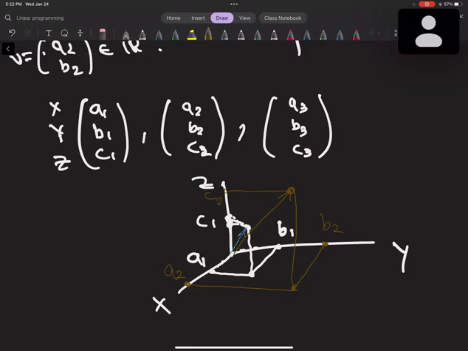So now you can add the two of those vectors in 3 dimensions. What do you do? The same thing. You make a parallelogram. And when you obtain it, you get your third vector.